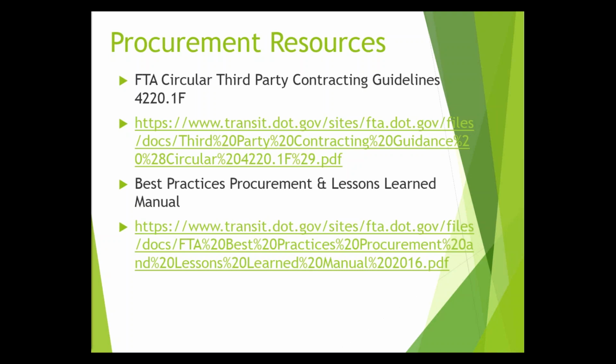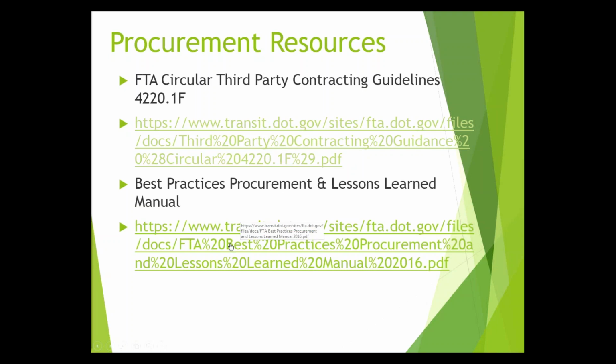It goes through the details of procurement, the what-ifs that happen along the way, when something out of the usual comes up and you're scratching your head wondering what to do at this point. Look at 4220.1F, or actually, Google it. That's the easiest way. I'm actually not going to open that.